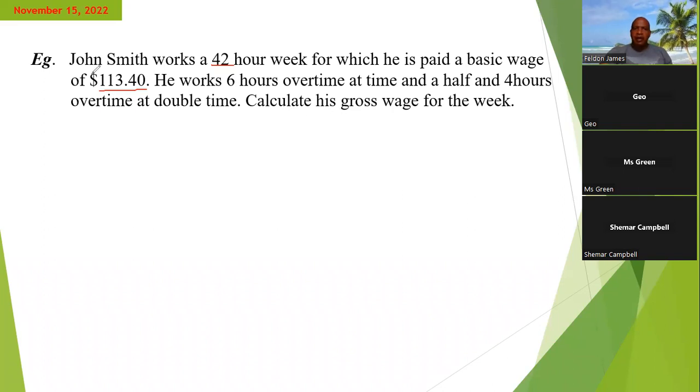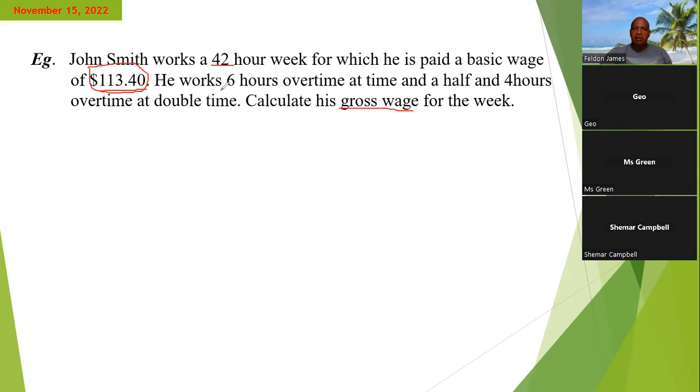You already know that this is what he works for the week. So all you need to do is calculate the overtime money and add it to this, and so you will get the gross. The gross is when you add up all the money that he should get together.